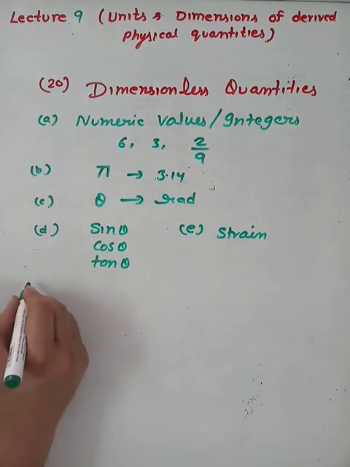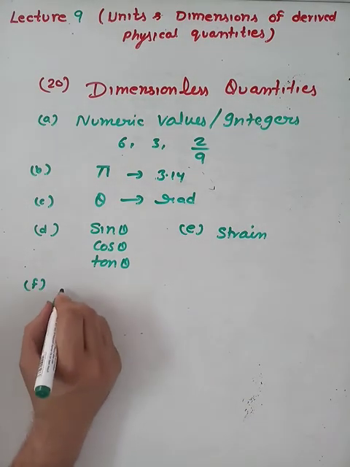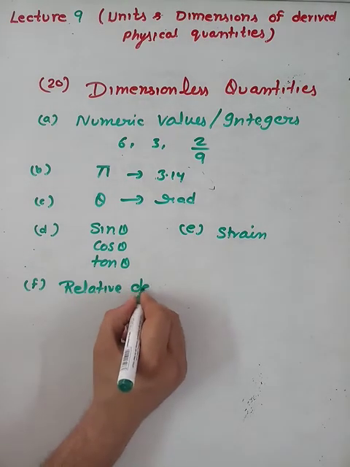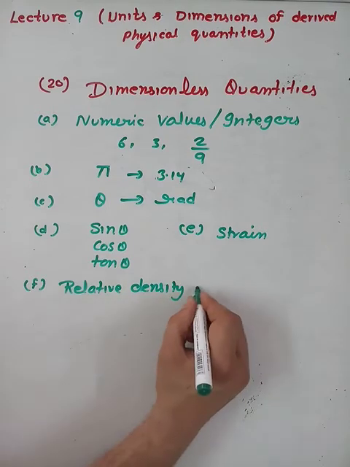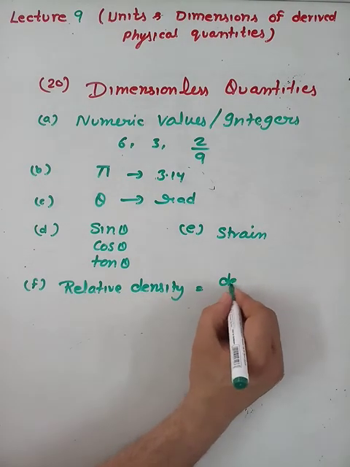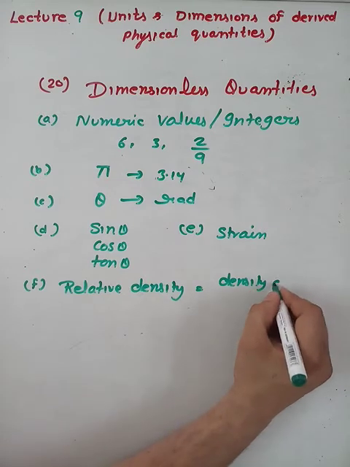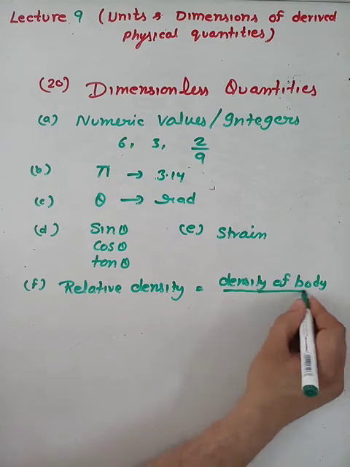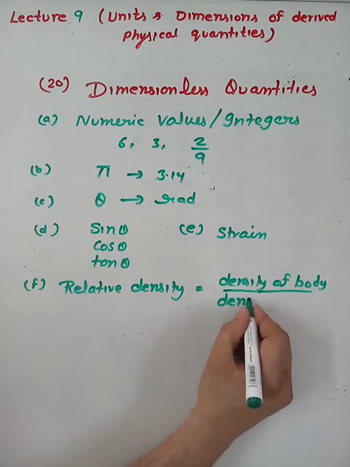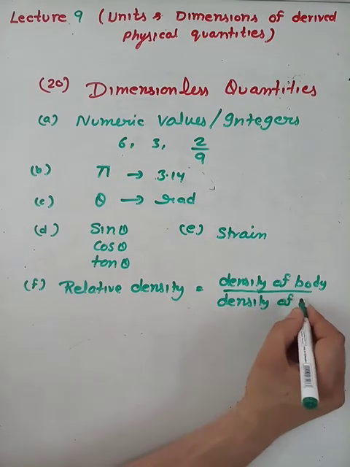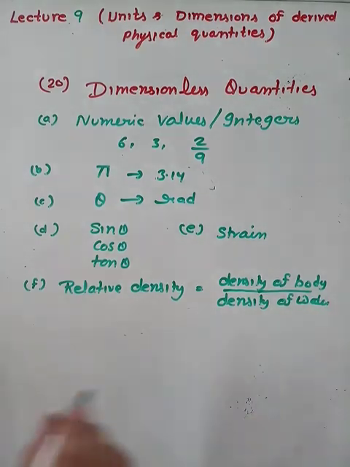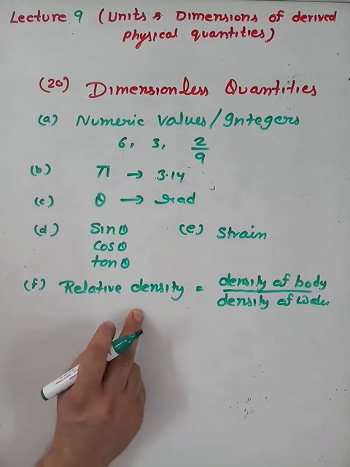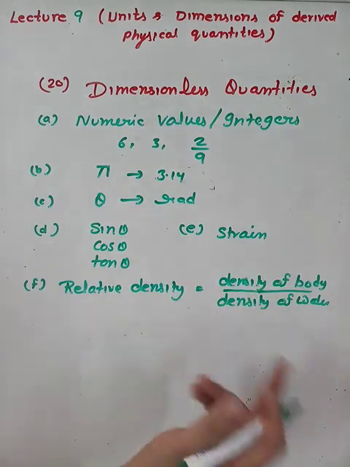It is also dimensionless. Next is relative density, the density of any body with respect to the density of water. Density of body upon density of water is relative density. Density and density have the same dimensions, therefore they cancel.